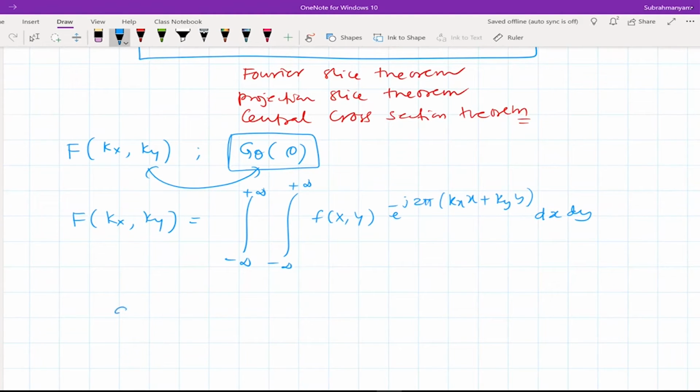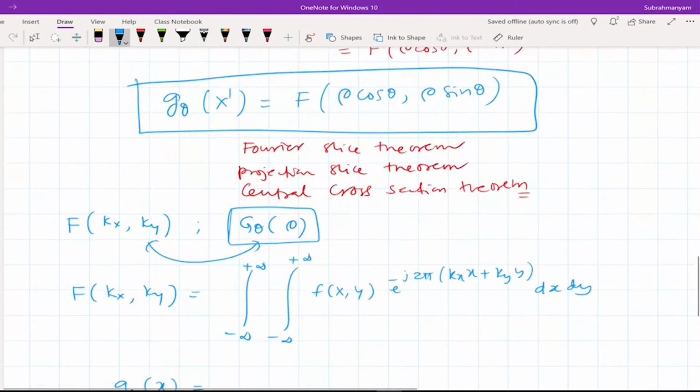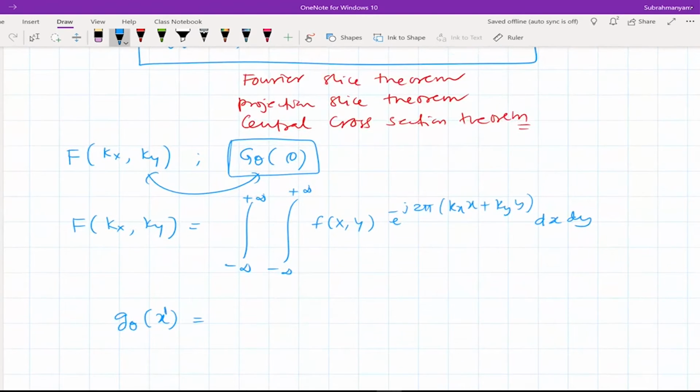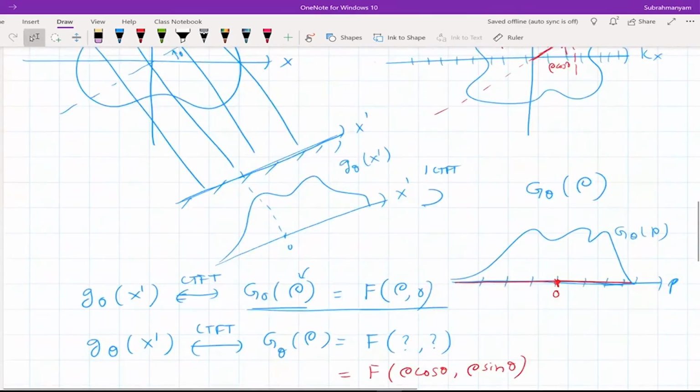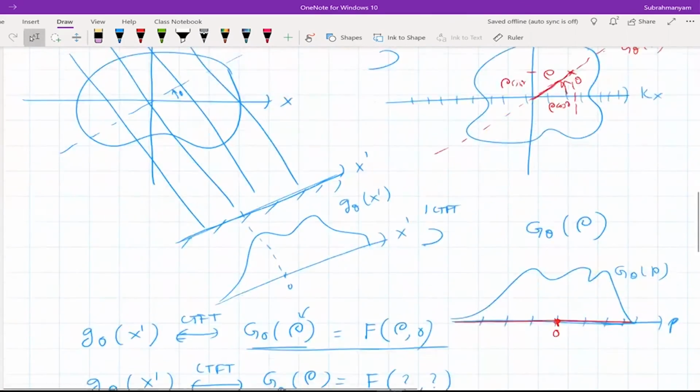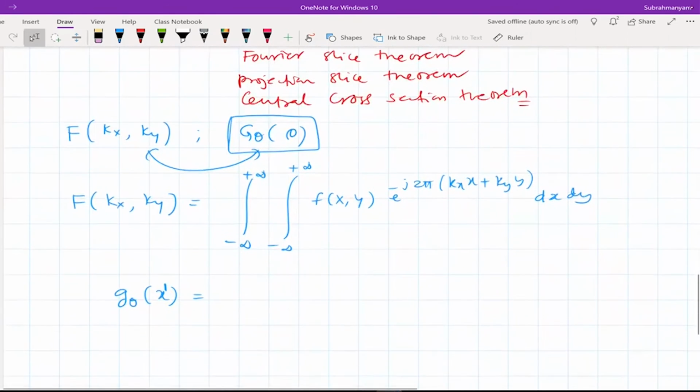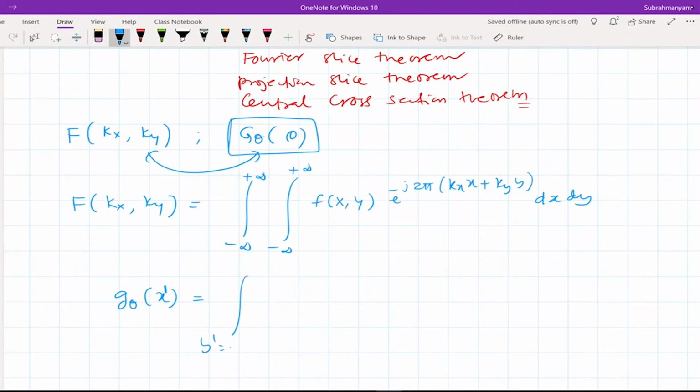Now let us try to write the expression for the other part. We already have the expression for g theta of x prime. We should be very careful not to mess up x and x prime. So what was the expression for g theta of x prime? Please work it out along with me in your notebooks.